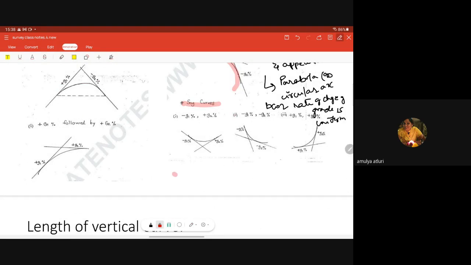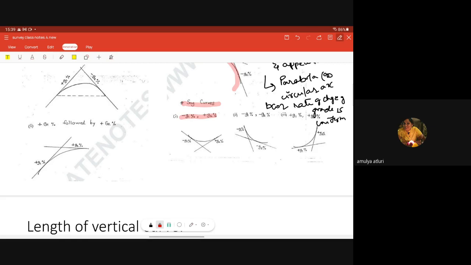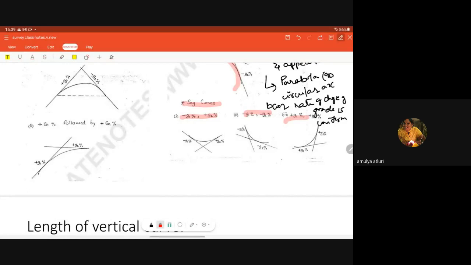You can see they are like sagging, while summit curves are hogging. If a negative gradient is followed by a positive gradient, then it is a sag curve. Got it?